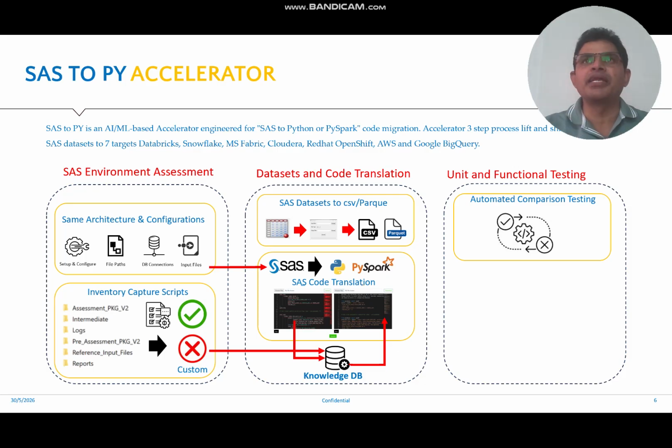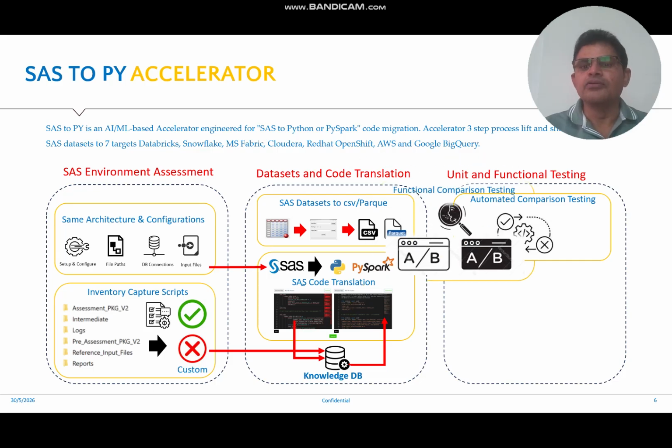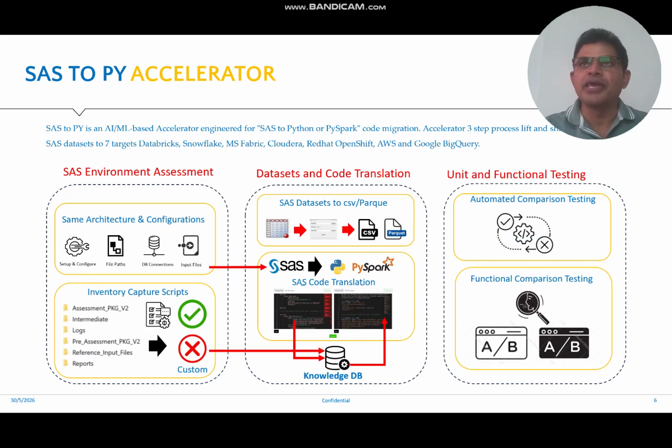So we do a comparison testing of the same data types, same values, same format, everything automatically. But you have to consider a functional eyeballing after that. So that's the final testing. This is a semi-manual kind of activity. So with these three steps, you'll be completely lifting and shifting your SAS environment into Python or PySpark.